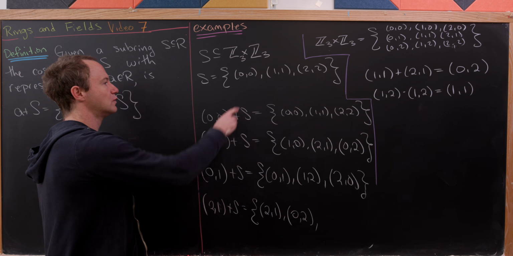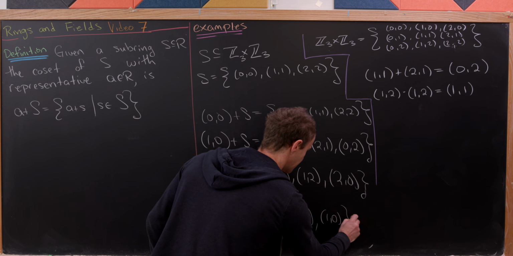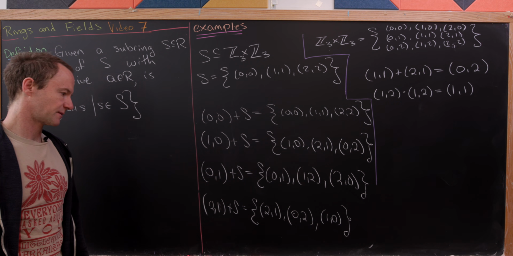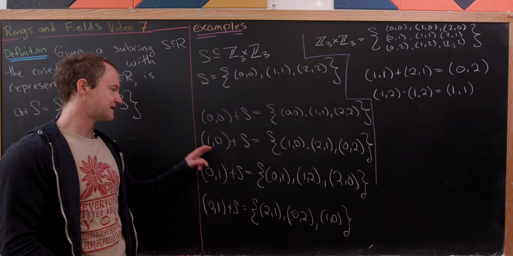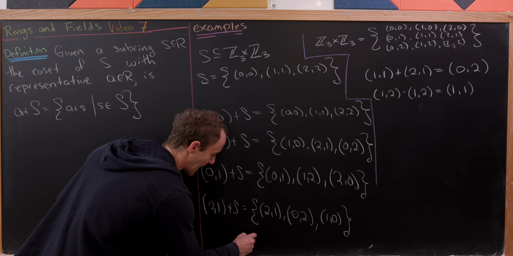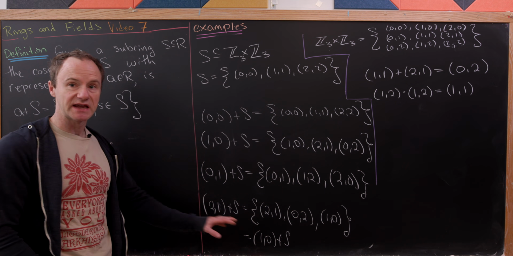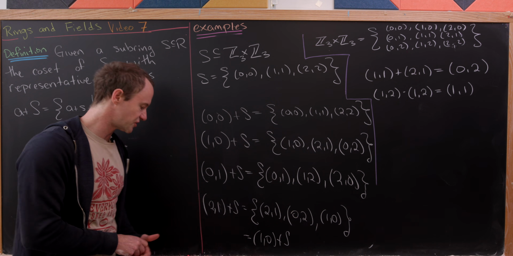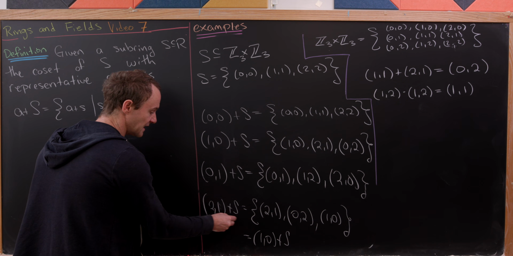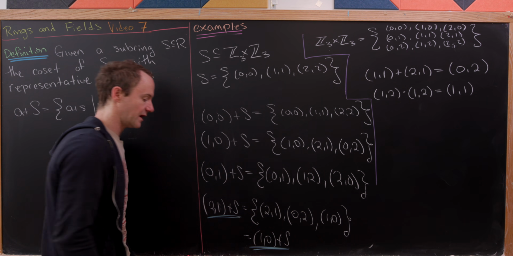And then if we do (2,1) plus (2,2), we're going to get (1,0). I think that's pretty clear. But now let's observe that the order is different, but this is the same coset as (1,0) plus S. So we see here this phenomenon that we saw before, and that is we've got the same coset with 2 different representatives. In this case, the representatives are (2,1) and (1,0).